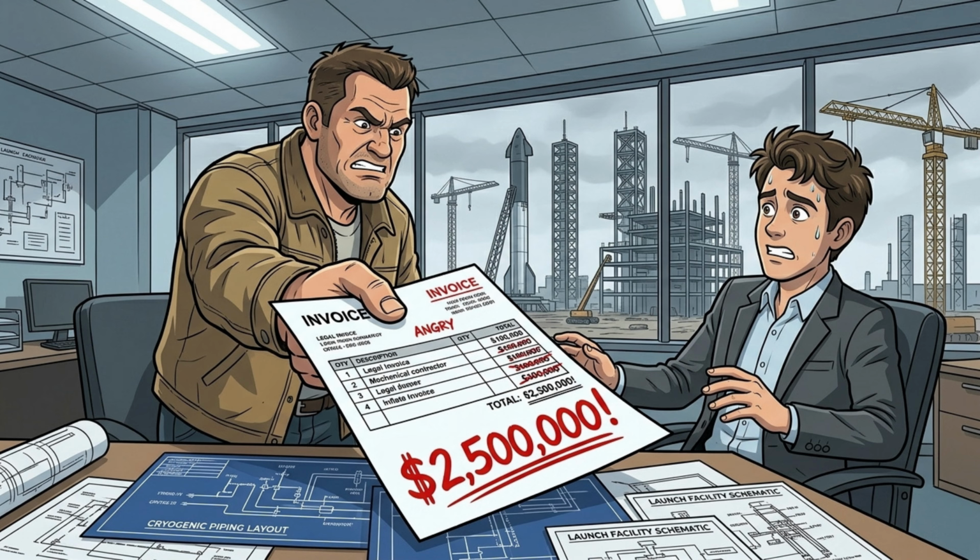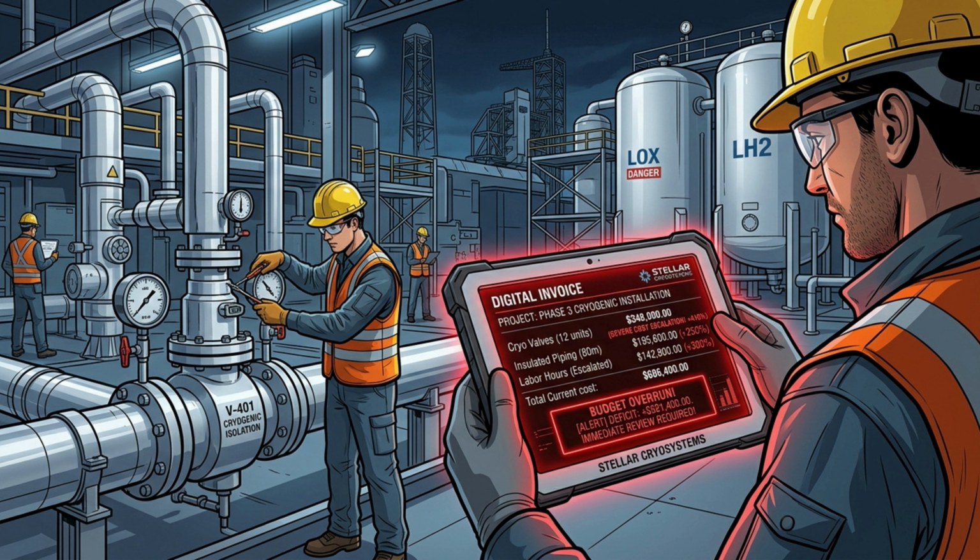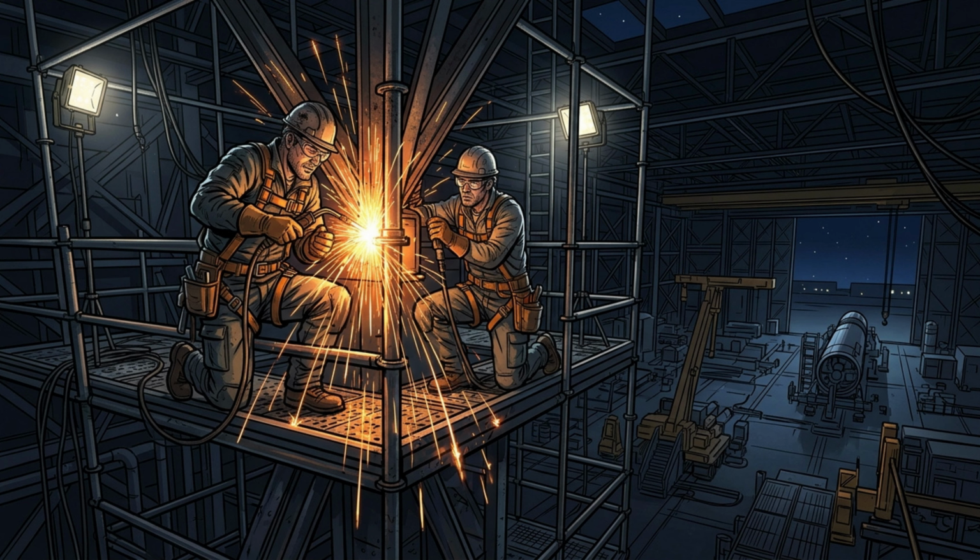mechanical installation phase. The specialized cryogenic piping vendor submits severe invoice escalations due to unmanaged material index shifts, while the cleanroom hangar contractor burns through overtime labor to meet static testing dates.